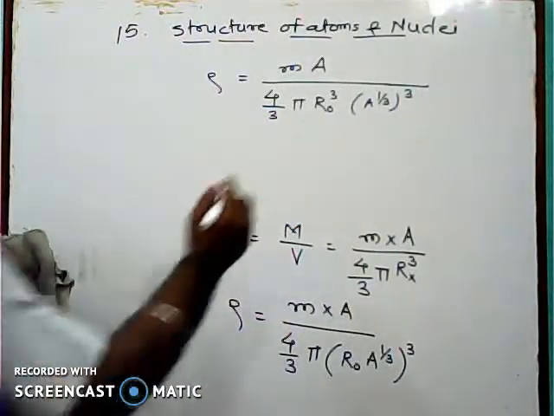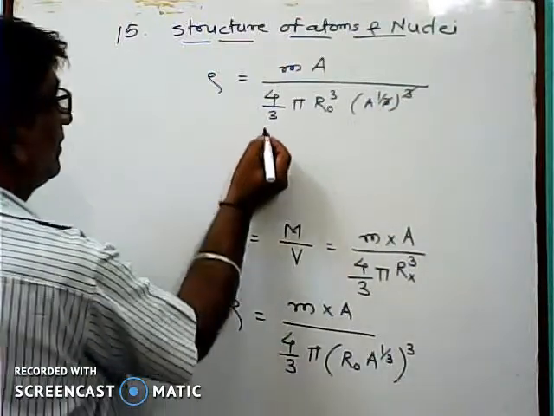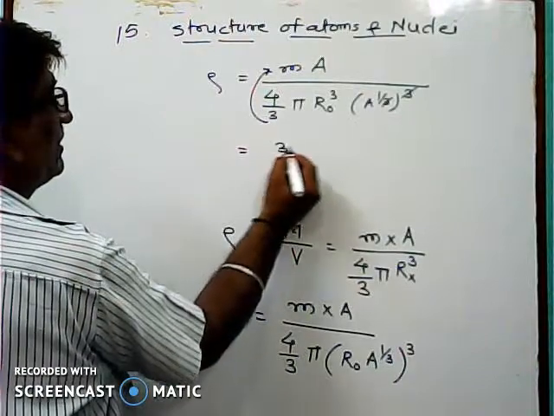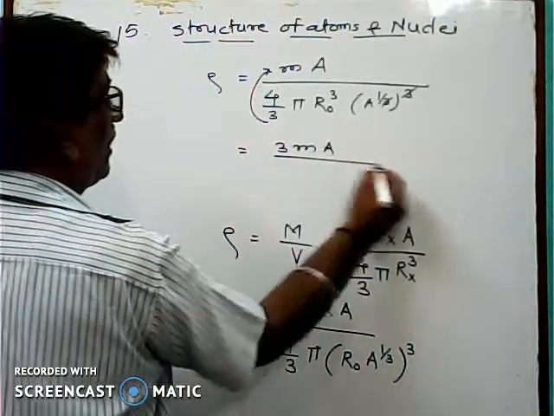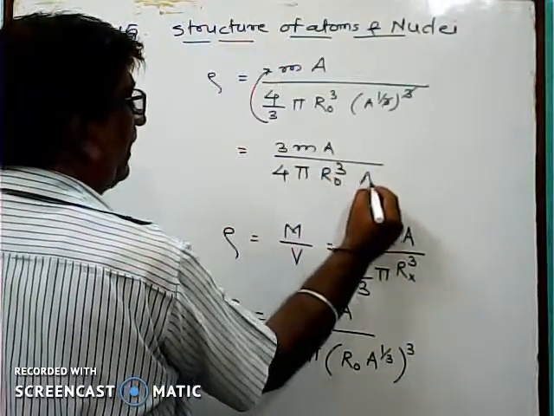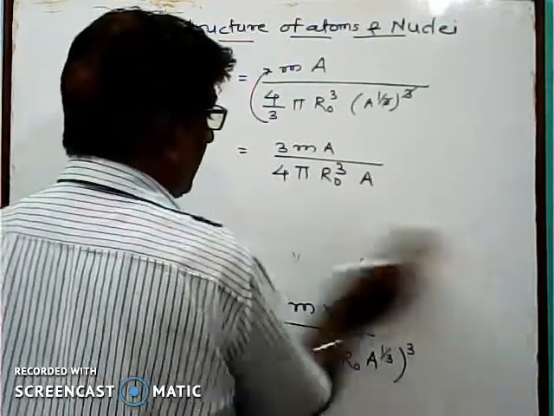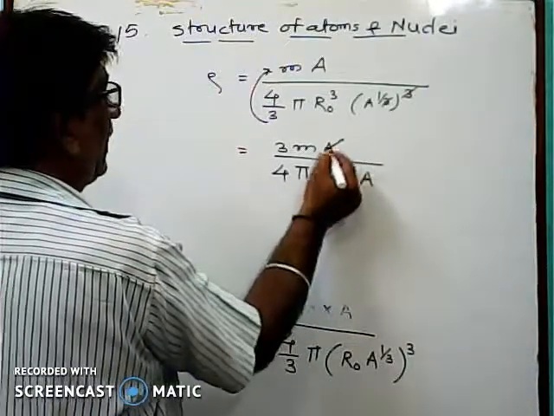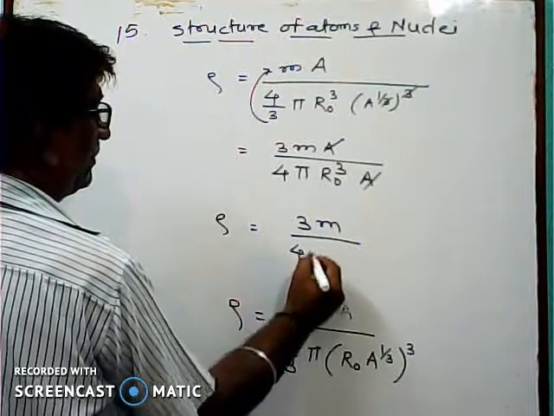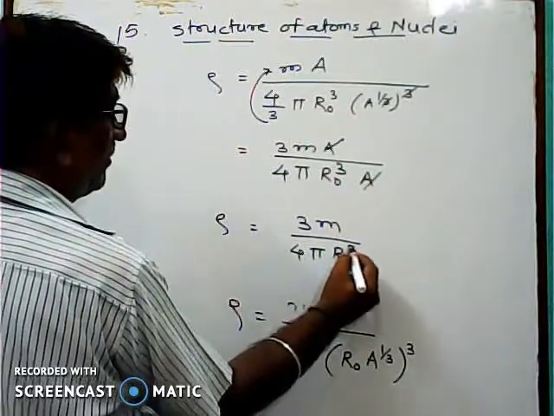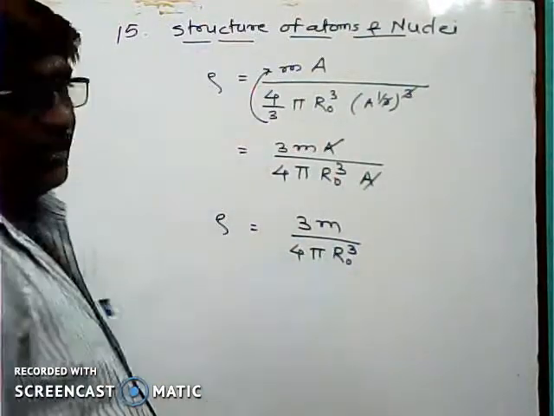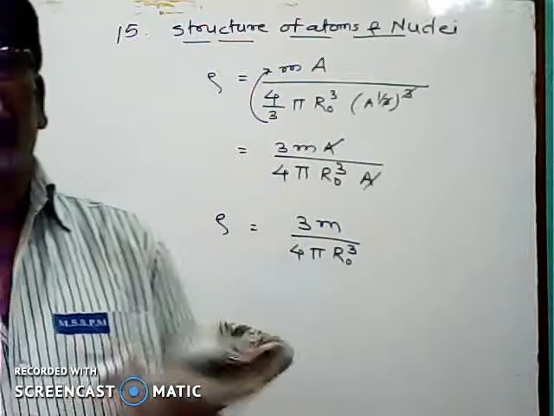The 3 gets cancelled, and the 3 is shifted to the numerator, so we can write 3 m into A upon 4 pi R0 cube A. A will be cancelled. So using this formula, we can calculate the density of an atom.